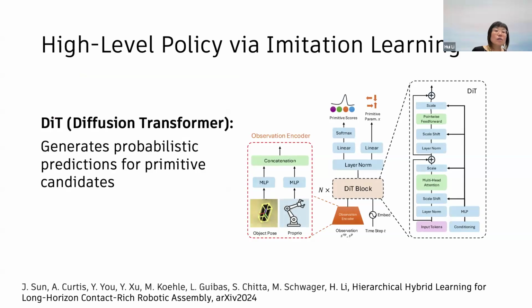On the high level, we use a diffusion transformer. Here's the architecture, and it basically predicts the primitive candidates for the current task.